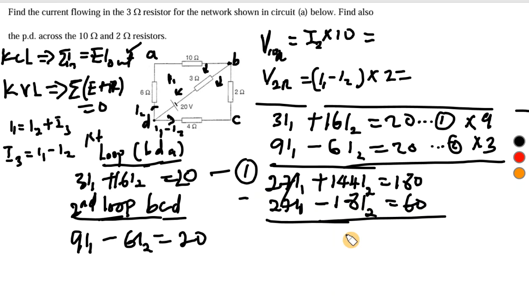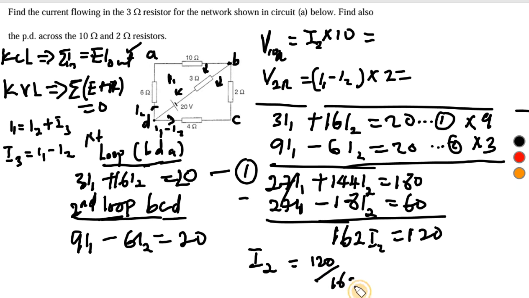Minus minus is plus, so this is 162 I2. All right, this is 180 minus 60, which gives us 120. We quickly see that I2 is 120 upon 162.